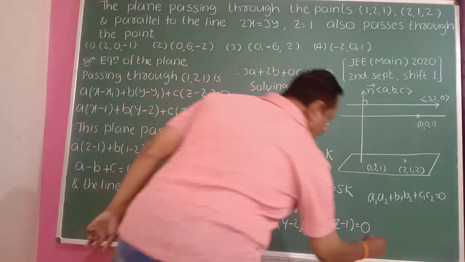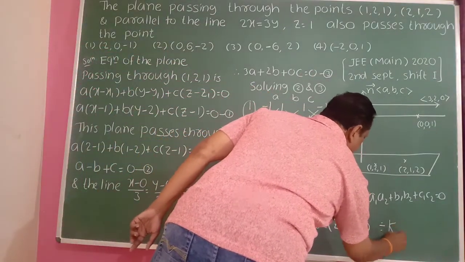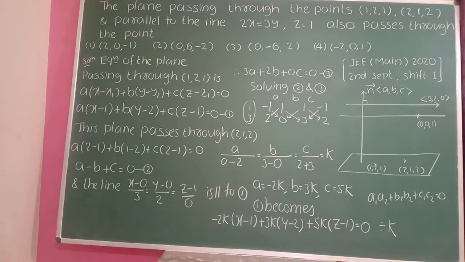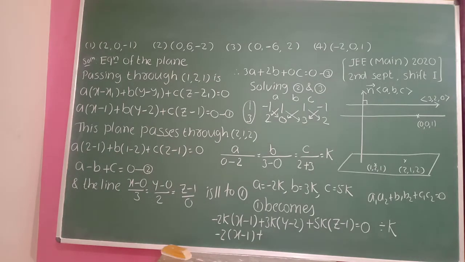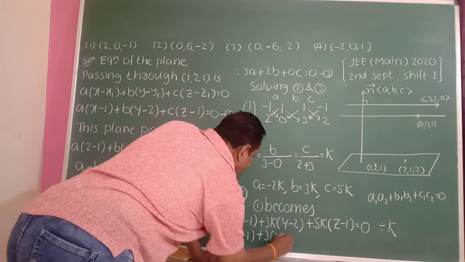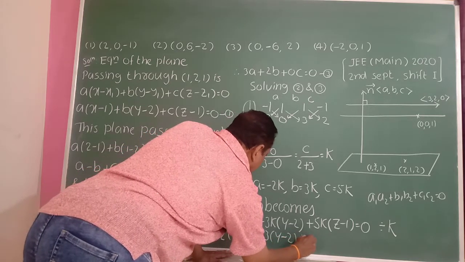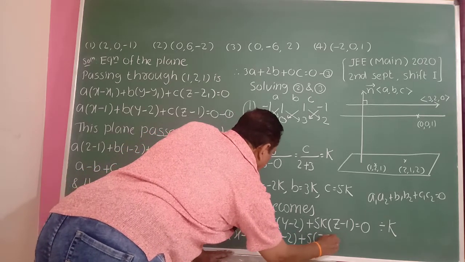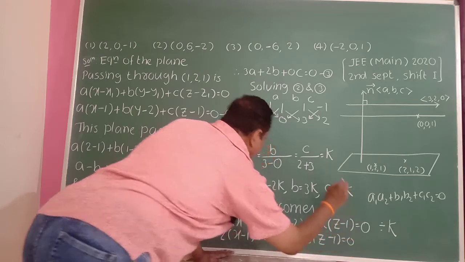Then dividing both sides by K, K cancels. So minus 2(x minus 1) plus 3(y minus 2) plus 5(z minus 1) is equal to 0.